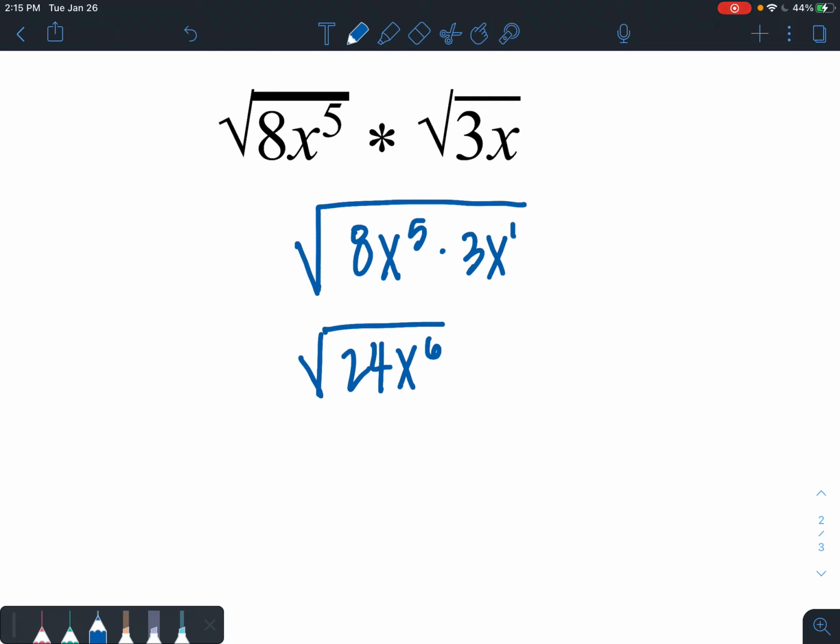A perfect square that divides 24 is 4. Okay, so then we take that 6 and divide it by 2.